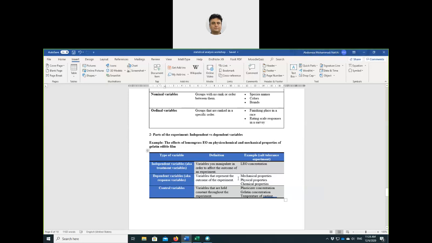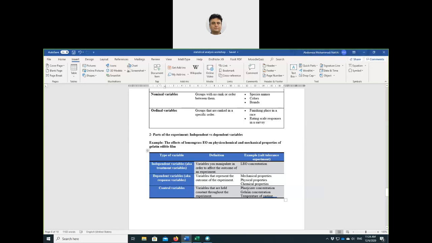Dependent variables are mechanical properties, physical properties, chemical properties, or any other property that we want to measure; this is the dependent or response variable. And for control, the amount of plasticizer, gelatin concentration, temperature of casting, relative humidity, everything that we have fixed, we need to describe as control variables. We control our system to show just the effects of the independent variable on the dependent.